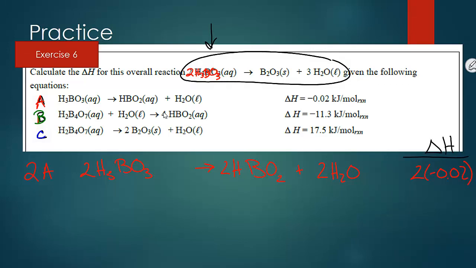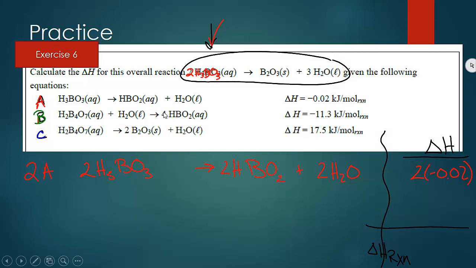I keep track of those delta H's off to the side because when everything is said and done, I'm going to add them all up to get the heat of the reaction. By doubling equation A, I have the 2 boric acids I need. So boron oxide is my next thing I need.